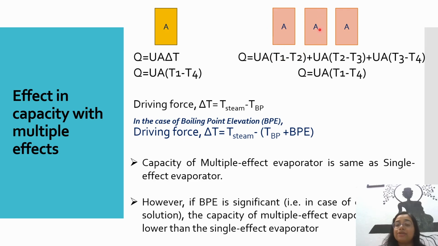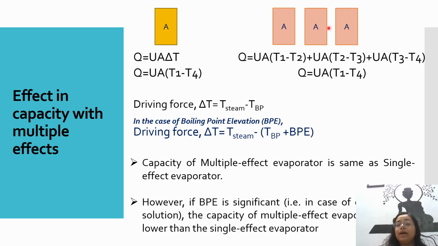And in the second effect, the temperature of this side is T2 and this side is T3. Basically it is the temperature difference between the vapor phase, that is the heat source, and the feed. This is our driving force for the evaporation. So for this case the driving force is T2 minus T3. For the third effect similarly the driving force is T3 minus T4.